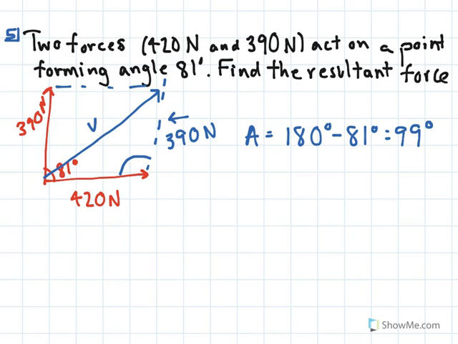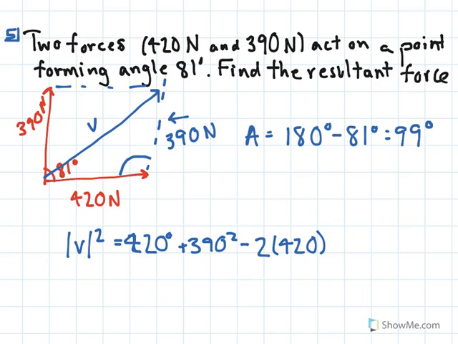So we now have two sides and an angle, and we can use the law of cosines to solve for our resultant force. So the magnitude of V squared is going to be equal to 420 squared plus 390 squared minus 2 times 420 times 390 times the cosine of 99 degrees.